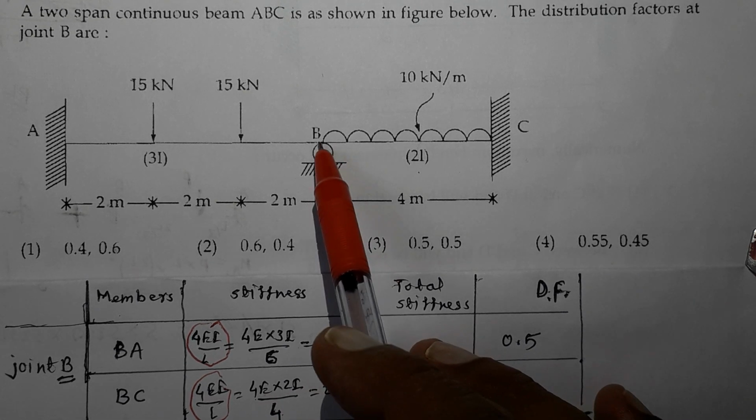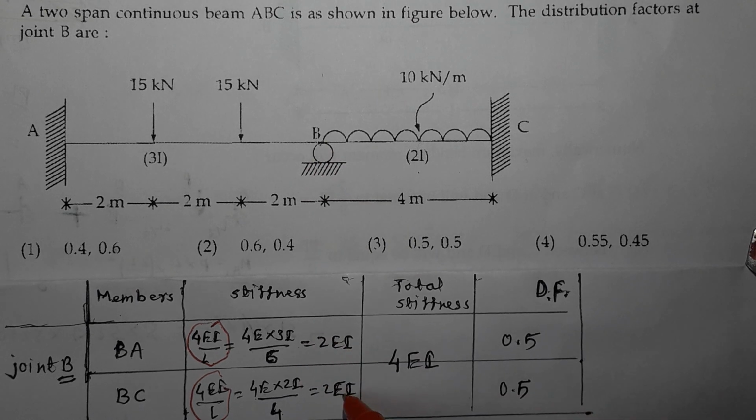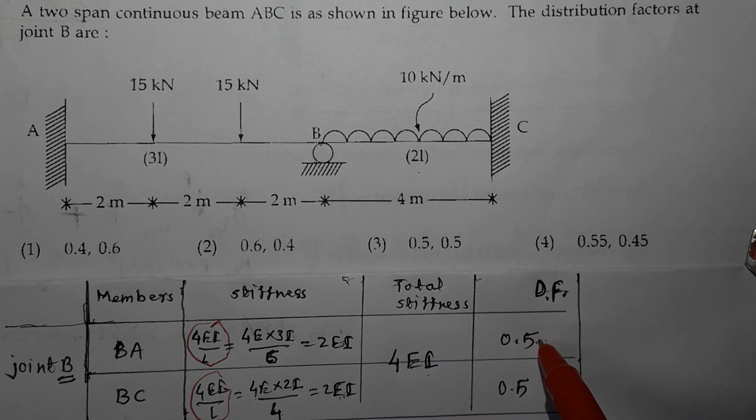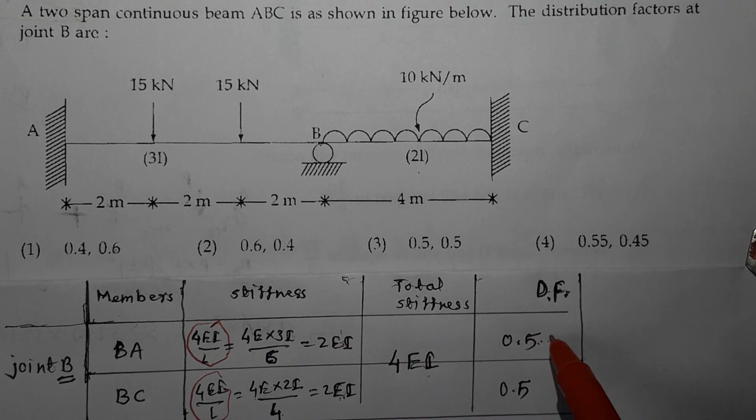So the total stiffness at joint B is addition of these two, which is 4EI, and once we get the total stiffness, we can get the distribution factor. Stiffness of BA divided by total stiffness is the distribution factor for BA, which is 0.5. So 2EI divided by 4EI is 0.5. For BC also, 2EI divided by 4EI is equal to 0.5.